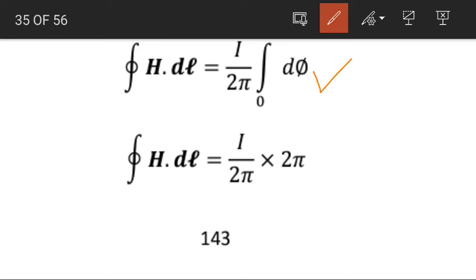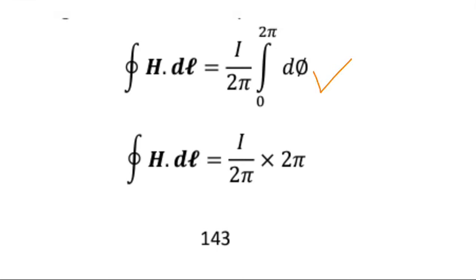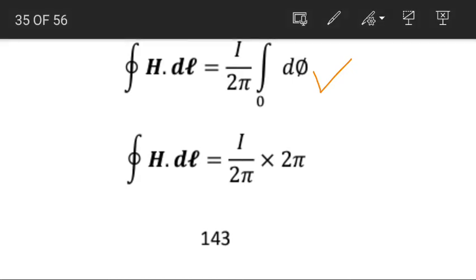The integration of d phi is phi, and if we put the limits, then we get 2 pi. So the integration of the magnetic field intensity around the closed path will be equal to I by 2 pi into 2 pi.